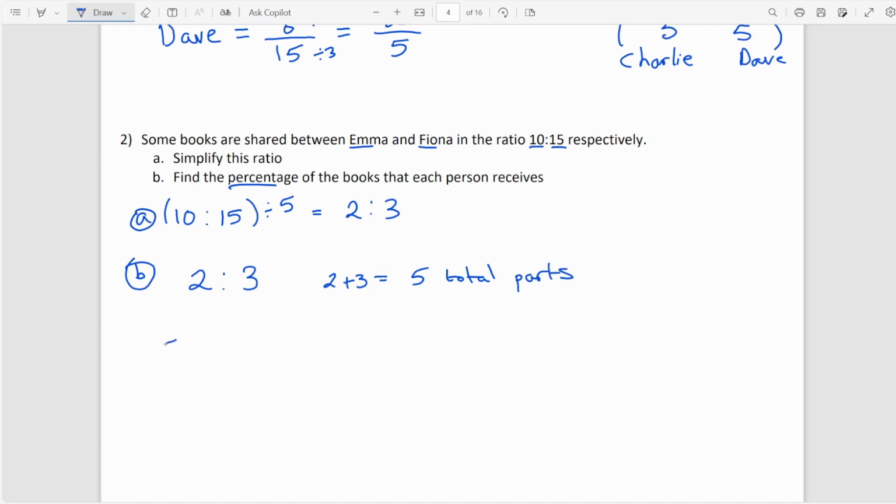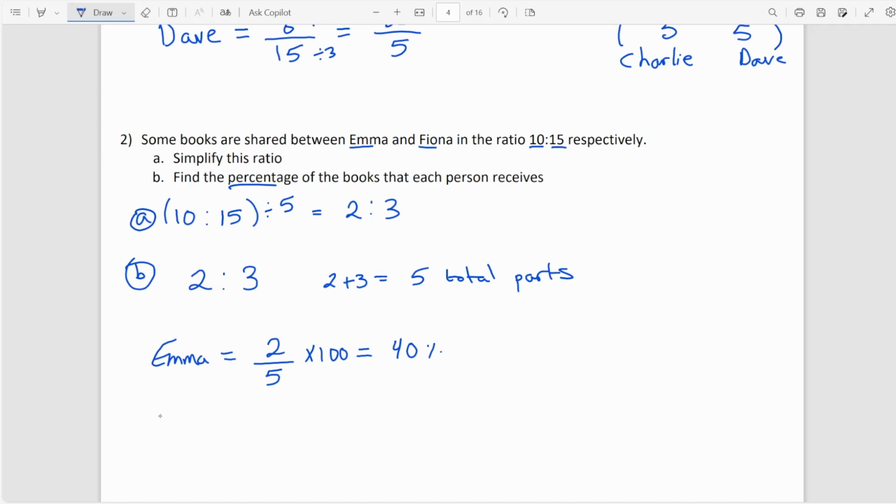Now, for Emma, she receives 2 parts out of a whole of 5 parts. Okay, so 2 over 5. Now I'm going to go ahead and multiply this by 100 to get the answer as a percentage, which will give me 40%.